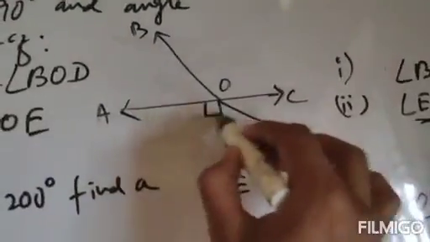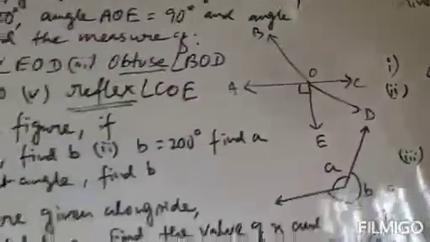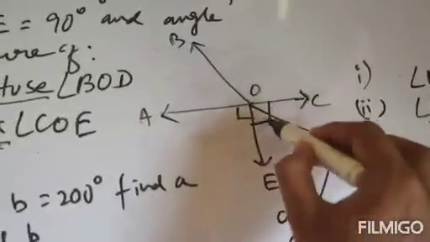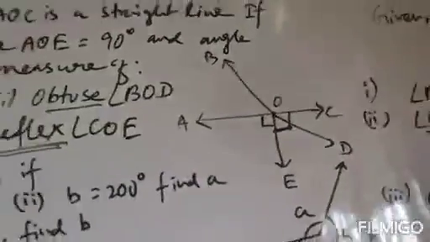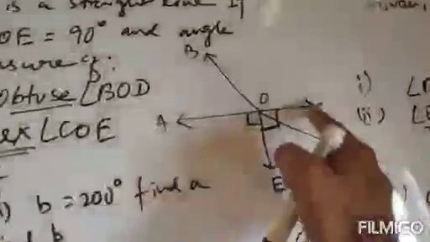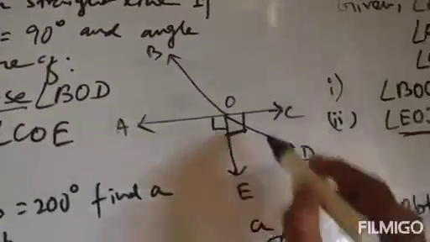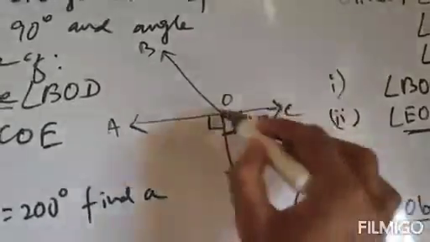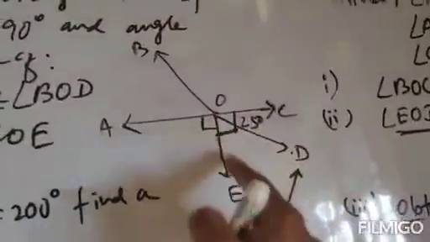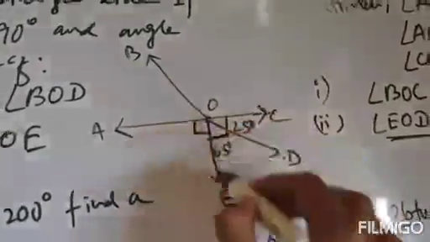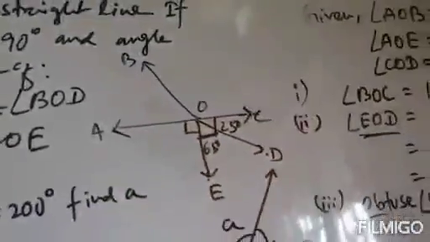This is given 90 degree. If you find angle COE, this part is COE but not reflex COE. COD is given 25 degree, and DOE is 65 degrees. So COE is 25 degree plus 65 degree, your answer will be 90 degree.